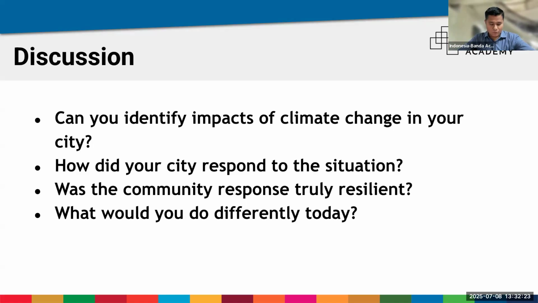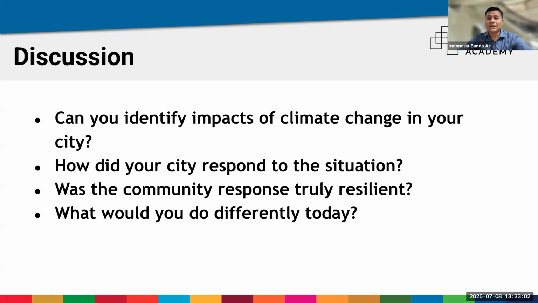The second is flooding during high rainfall. That's also one of the city challenges that the mayor took up in this mayor academy: how to resolve the problem of city inundation or flooding by heavy rainfall. And the last one is strong wind or storm. Because we are in a coastal area, when there is heavy rainfall we also have strong wind or storms in Banda Aceh City.